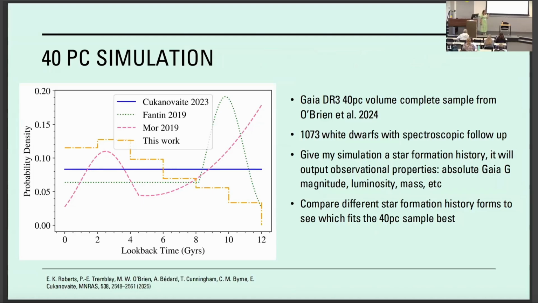We give my simulation an assumed star formation rate, then we evolve all the stars through time, and we compare those to the Gaia observational parameters to see how well they fit. We have quite a few different star formation histories. We've got a constant one, one with an early peak, a late peak, and then one where we calculated the ages of all the stars and used that to see whether it was self-consistent.